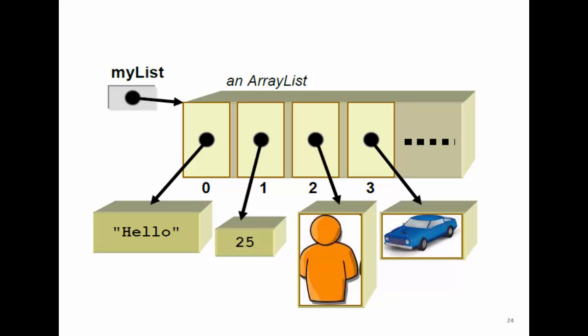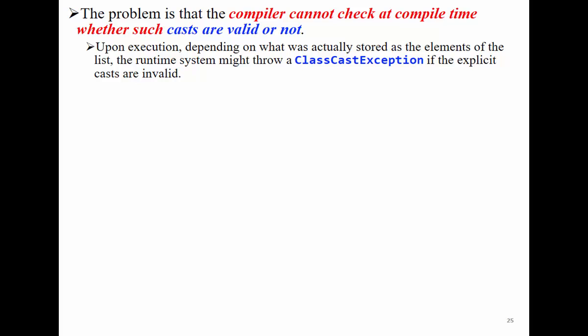The compiler cannot check at compile time whether you are doing appropriate casting or not, which puts us at risk of an exception being thrown and the application being stopped, which is the ClassCastException.